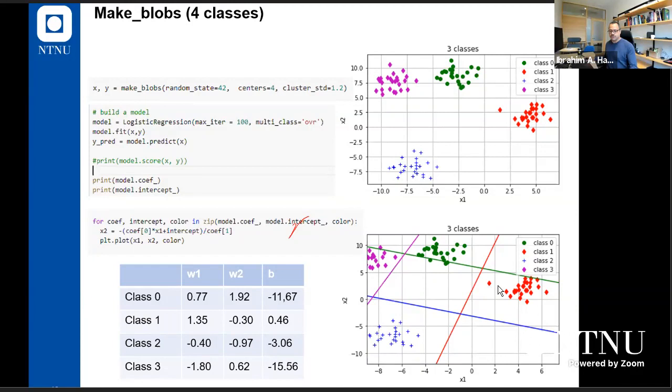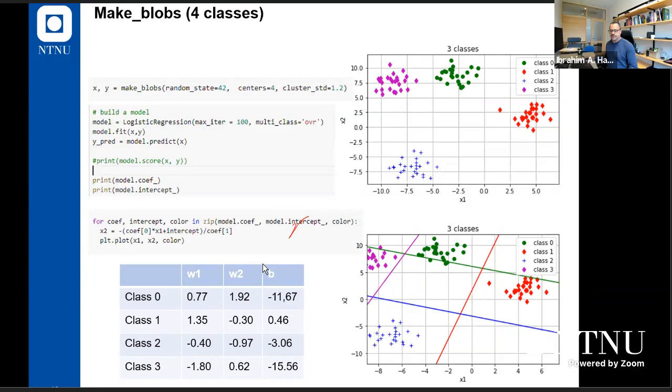So we will have this one which will separate the red class from the rest. The green one will separate the green class from the rest, and so on. In this case, we will have 4 models, or 4 perceptrons, or binary linear regression models. Each model has 2 inputs and 1 bias. So we will have omega 1, omega 2, and b, for each, so we will have 1 model for each class.